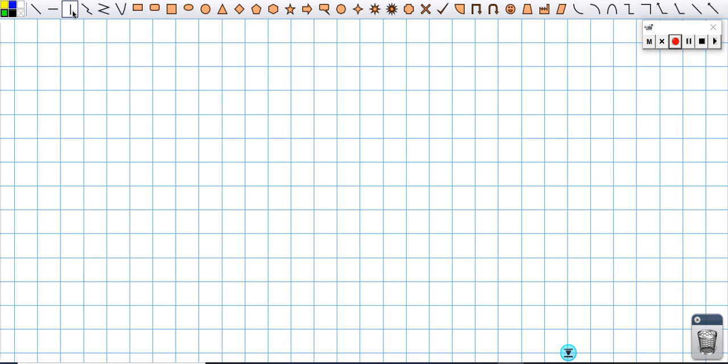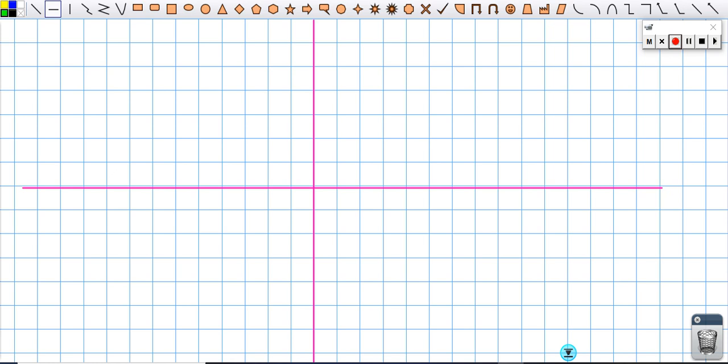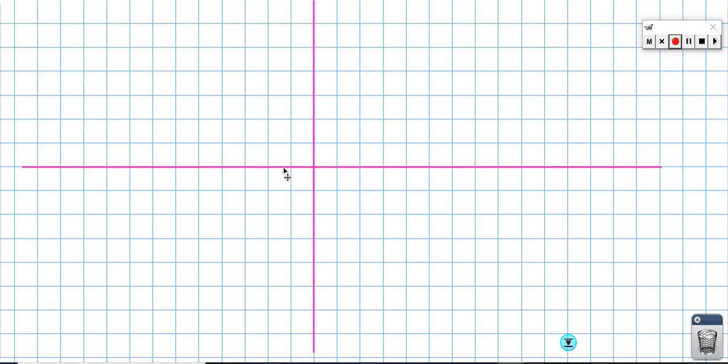So I have a set of axes. 1, 2, 3, 4, 5, 6, 7, 8. 1, 2, 3, 4, 5, 6. 1, 2, 3, 4, 5, 6. Well, let's see.